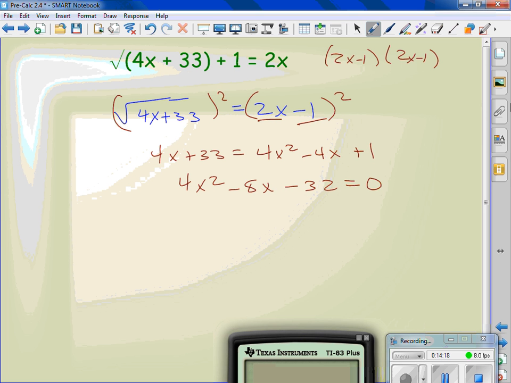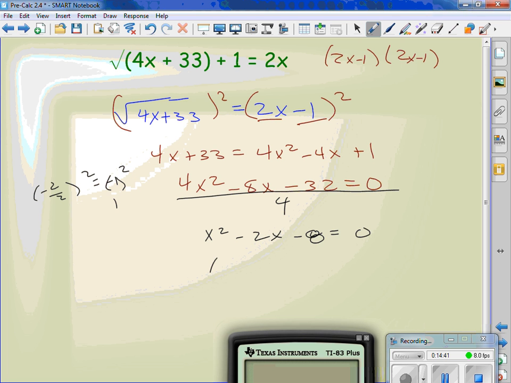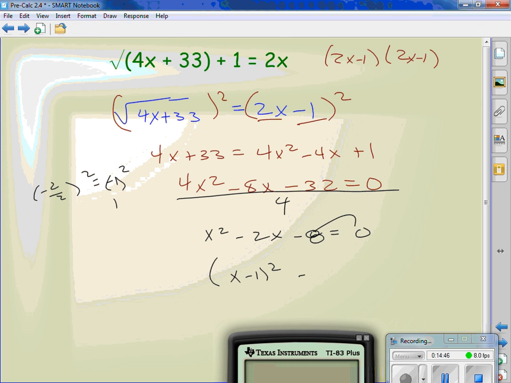Now what I'm going to do is complete the square, because I can divide everything by 4 nicely. x squared minus 2x minus 8 equals 0. Okay, negative 2, cut it in half. Negative 1 squared is 1. So it's x minus 1 squared. Move that over.